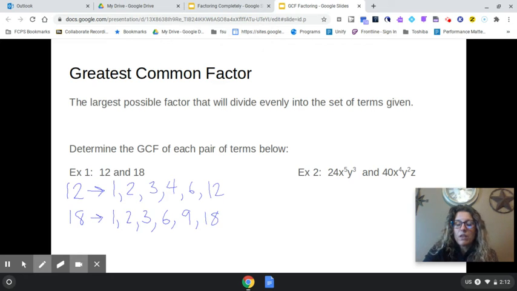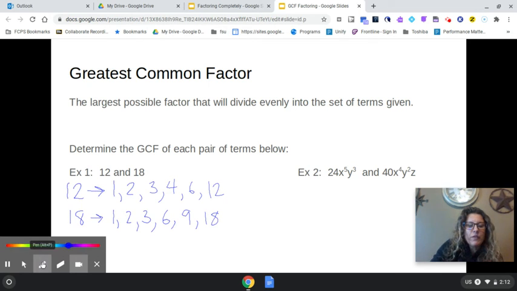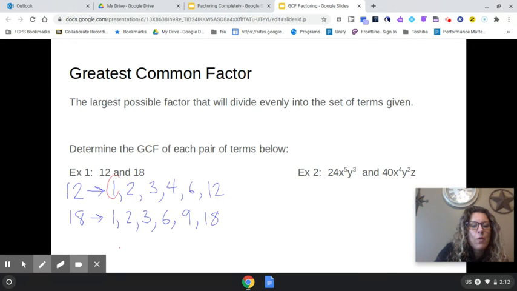Okay, in order to be the greatest common factor, it must appear in both lists and be the largest possible value. So I'm going to first circle any common factors, and then we'll determine which one is the greatest. Notice that we have 1 appearing in both lists, 2 appearing in both lists, 3, and 6.